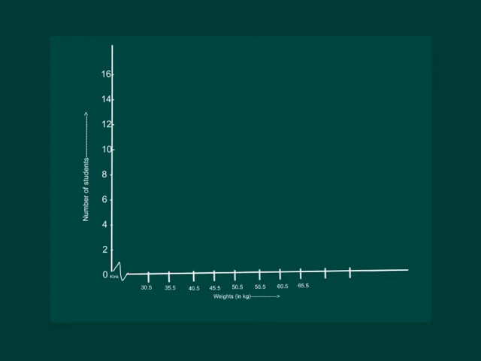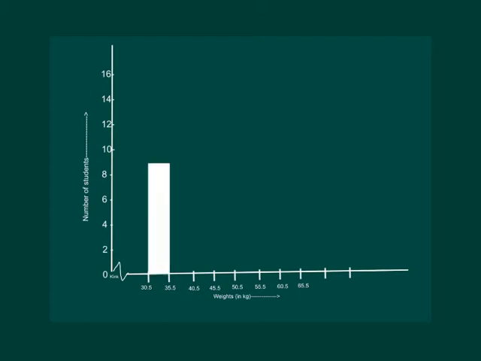We can choose the scale as 1 cm equal to 5 kg. Also, since the first class interval is starting from 30.5 and not 0, we show it on the graph by using a kink.